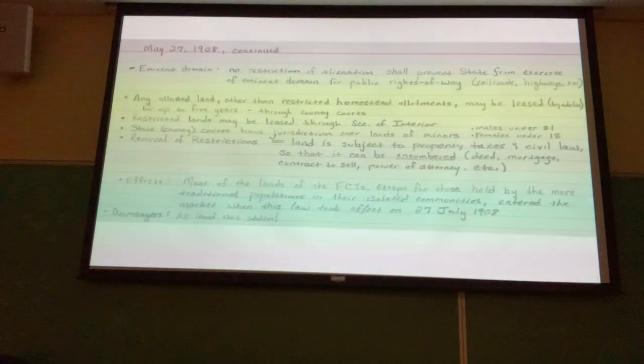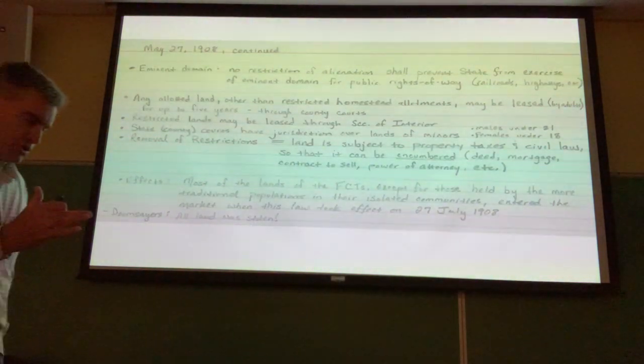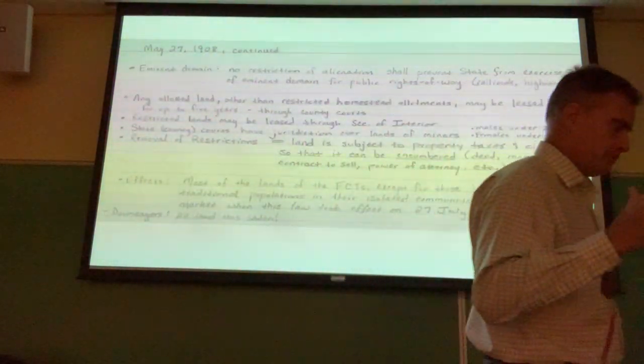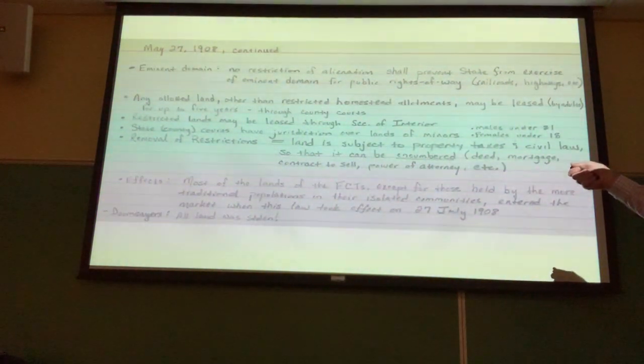So this continues. Sorry. So the May 27, 1908 Burke Act also had some sections that referred to things like eminent domain. In other words, railroads going through, roads going through, canals, whatever, basically roads.